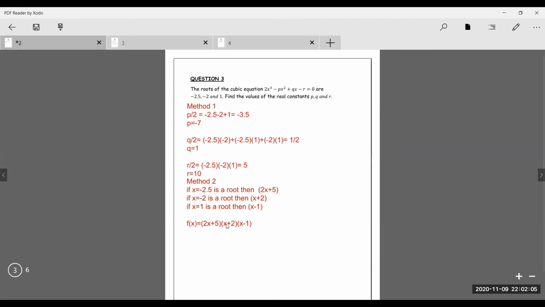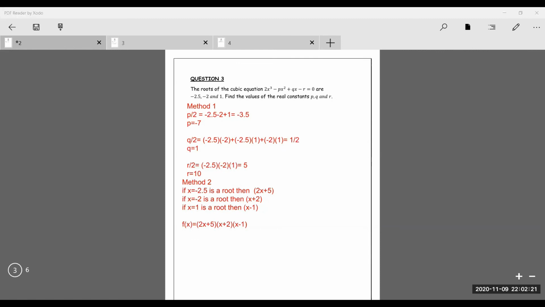Because I just showed you Symbolab, we're going to go to Symbolab and let Symbolab do this for us. 2x plus 5, x plus 2, x minus 1.